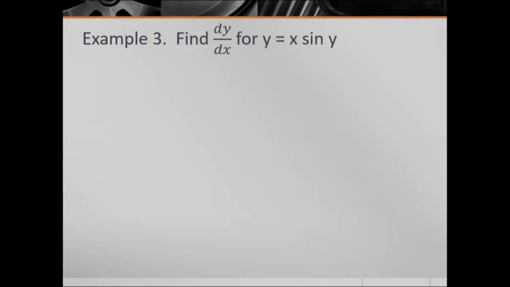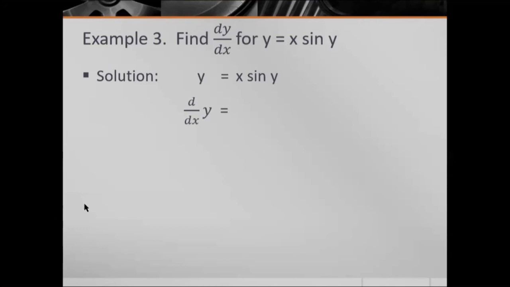Okay, next, example number 3. Find dy over dx for y equals x sine y. Okay, for the solution, we have a given equation of y equals x sine y. Then, left and right, kuhanin natin yung kanyang derivative with respect to x.